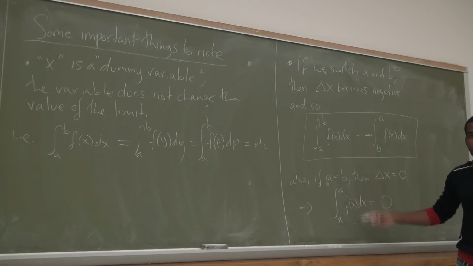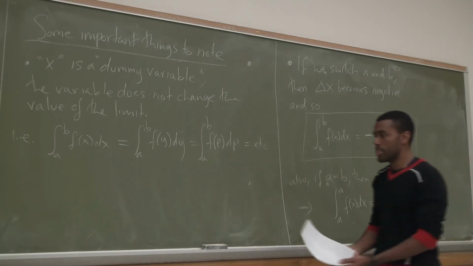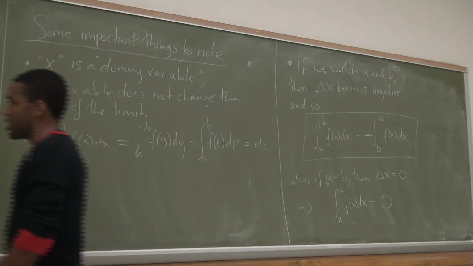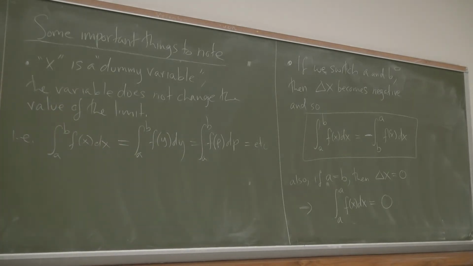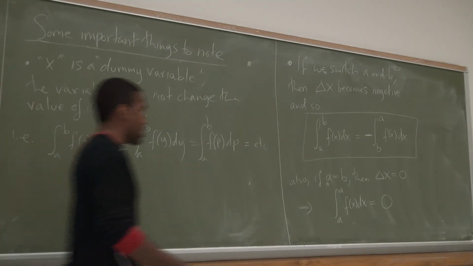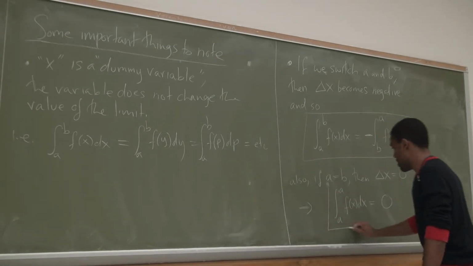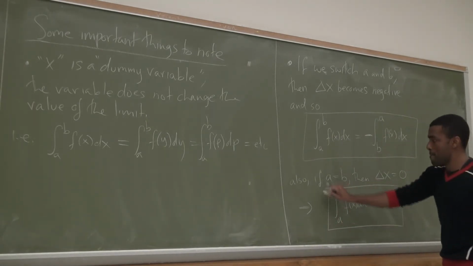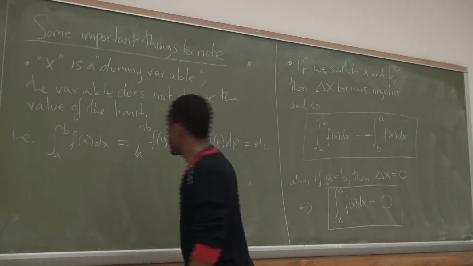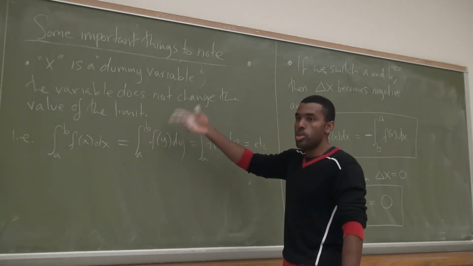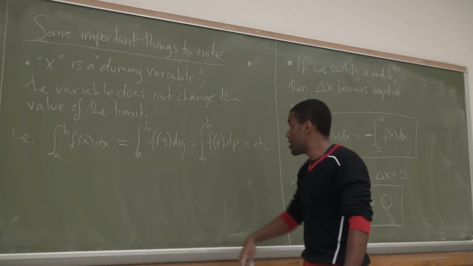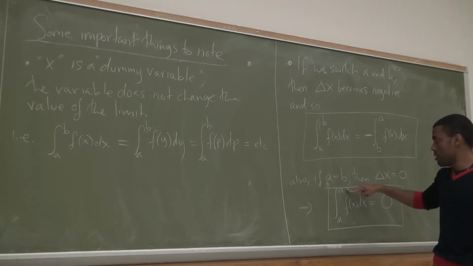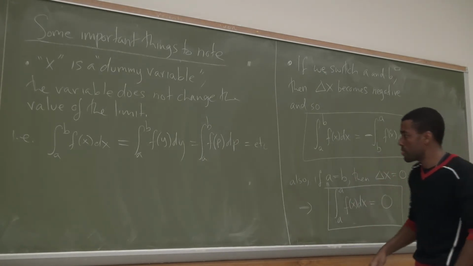It doesn't matter what this function looks like. Function can be anything. And I will always get 0. Put that in a box, because this is very important. Right? So if you swap the numbers, you get the negative of the original answer. If you go between a number and itself, you get 0, right?